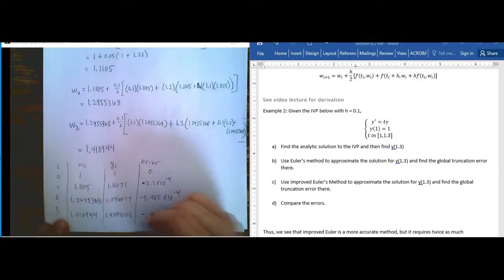And here I'm getting negative 0.001. No negatives involved, absolute values. Okay. Of 4. Okay.